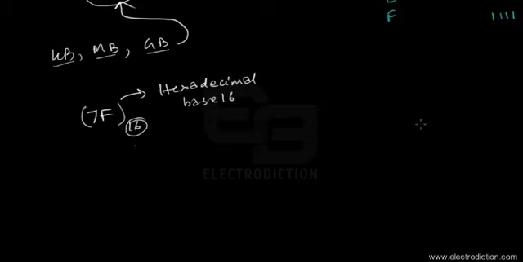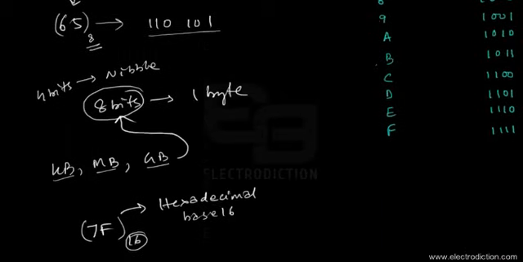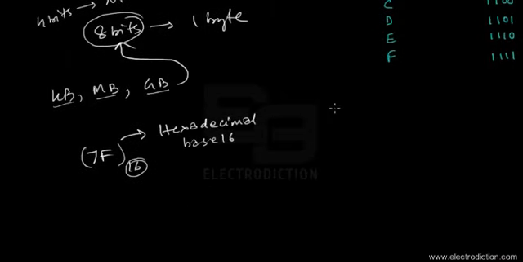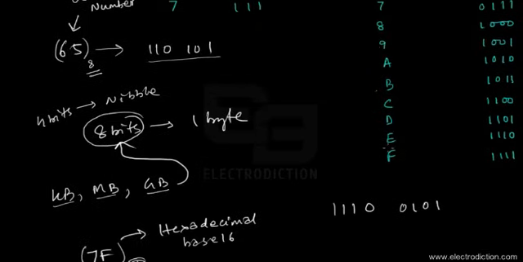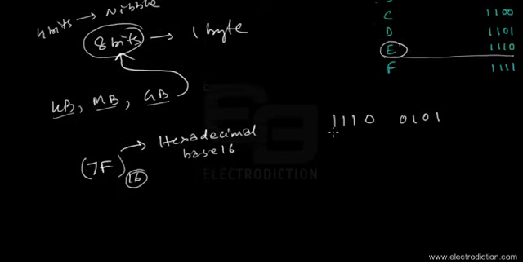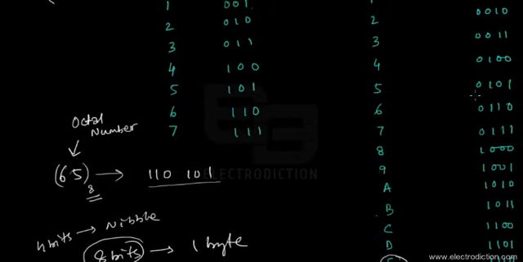Now if we want to represent any hexadecimal number in terms of binary codes, we can do it this way. If you have a binary code of, let's say, 1110 and then 0101, you can look up the charts. We have 1110 here, which corresponds to the number E. The other 4 bits of data, 0101, is here, and that corresponds to 5.